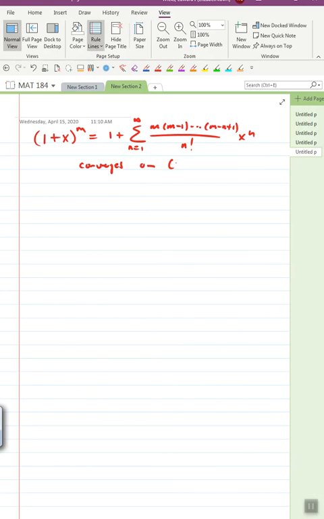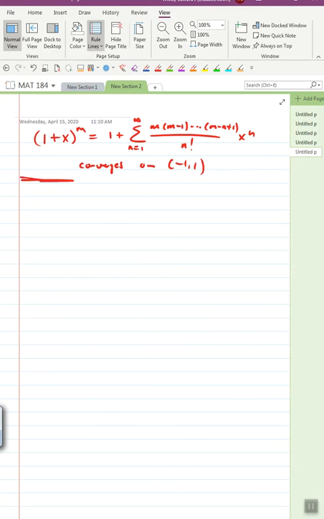And so what we have now, assuming this is all correct, is that the binomial expression (1 plus x) to the m has a Maclaurin series of 1 plus the sum from n equals 1 to infinity of m times (m minus 1) down to (m minus n plus 1), over n factorial, x to the n, and this converges on -1 to 1.